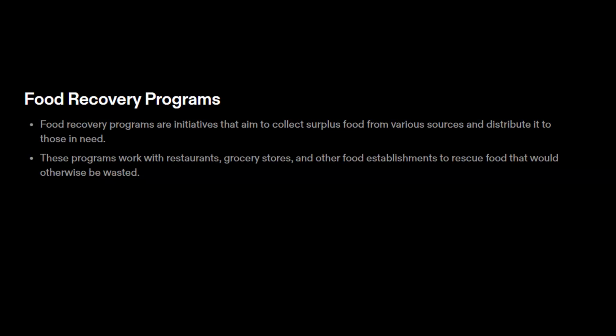So this one is the food recovery program, where we have a donation form where the restaurant can fill up the details of the food. Not only food, anyone from the community can donate other things as well, like clothes.